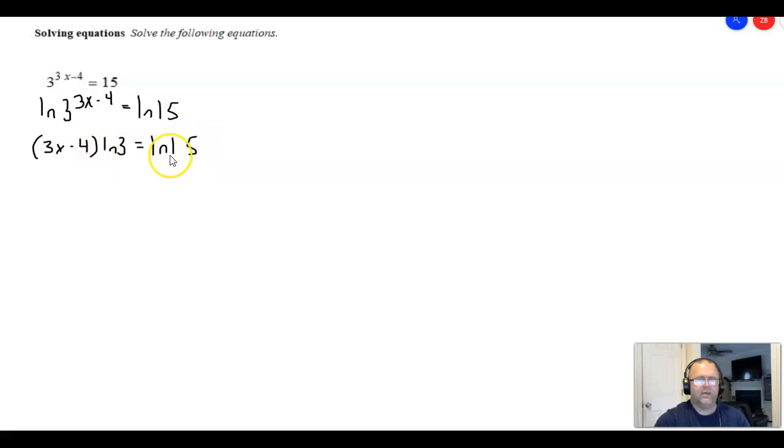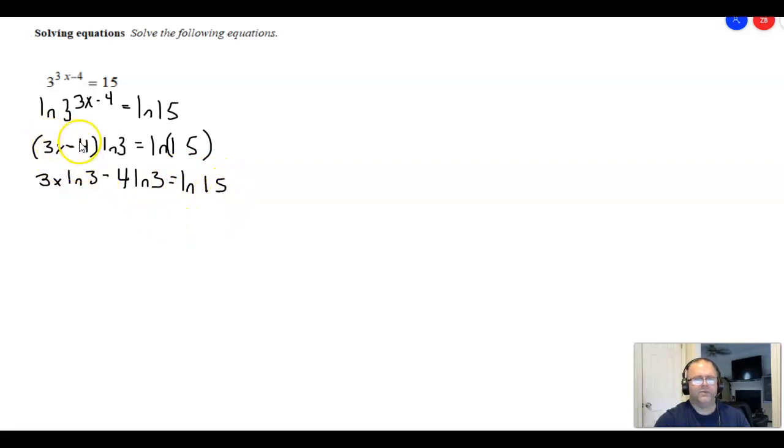Now I'll put parentheses around that just to make sure we know what that is. Now we can distribute this term right here with the natural log of 3. So this is going to be 3x times the natural log of 3, or excuse me, this should be a minus there. So that is a minus 4 times the natural log of 3 is equal to the natural log of 15.